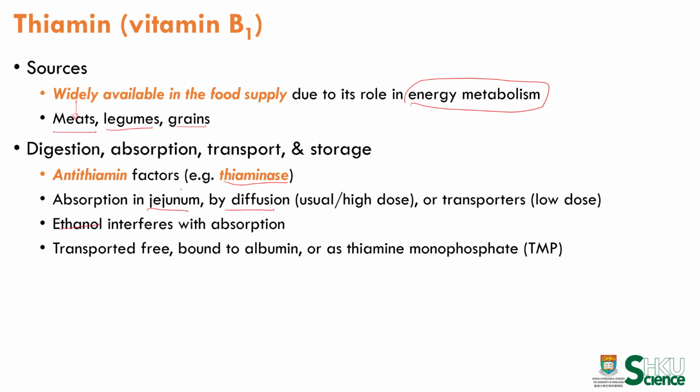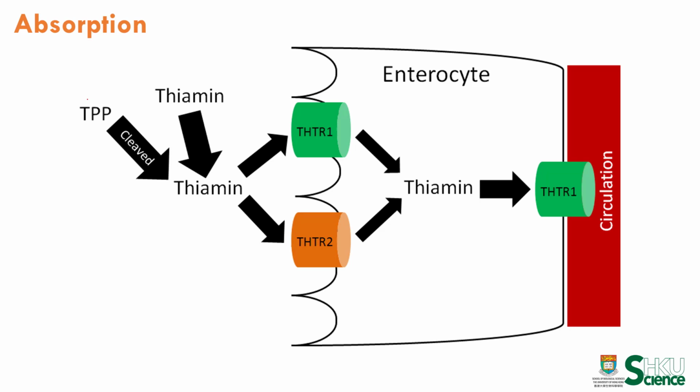Inside the body, thiamine is transported as free thiamine or bound to an albumin protein, or as what we call thiamine monophosphate, TMP. So, in the food supply, thiamine mostly exists in the form of TPP or TDP, they're the same.